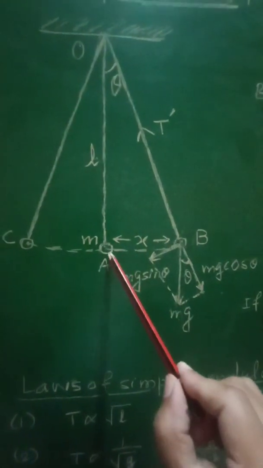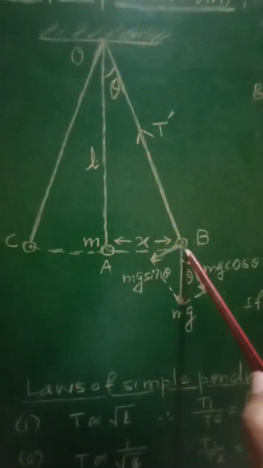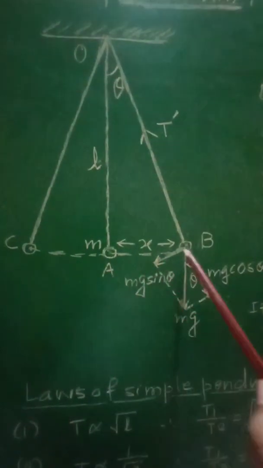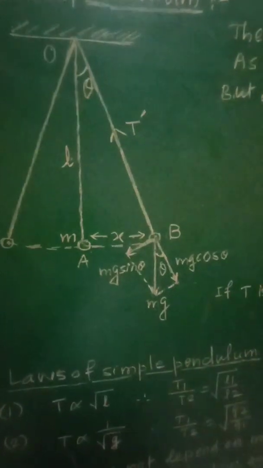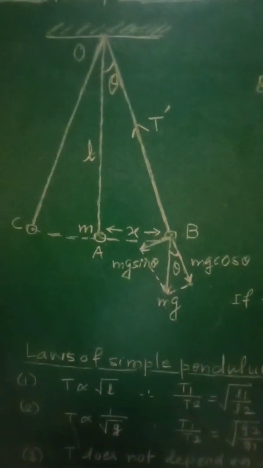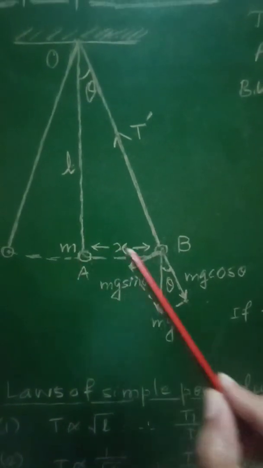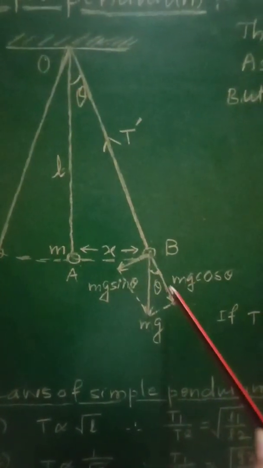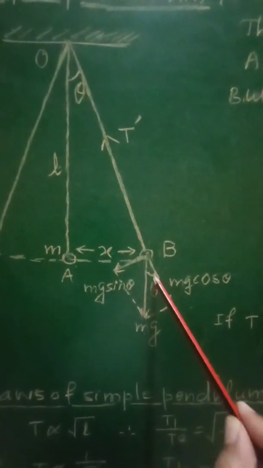So for this pendulum, A will act as the mean position and C and B will act as the extreme positions, and along this path CB that bob will perform linear SHM, which we will have to prove. As this line is vertical, mg is also vertical, and this component mg cos theta is along the length of the string, therefore this angle will be theta.